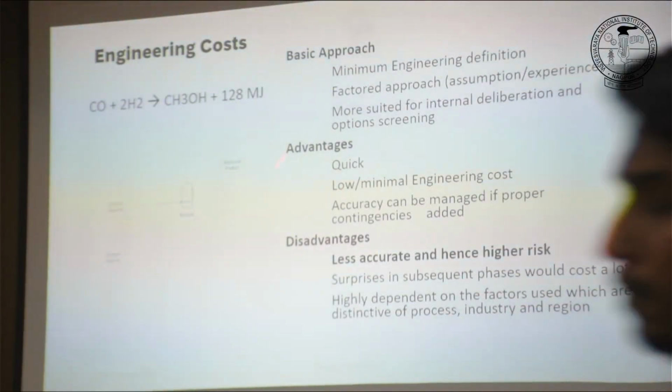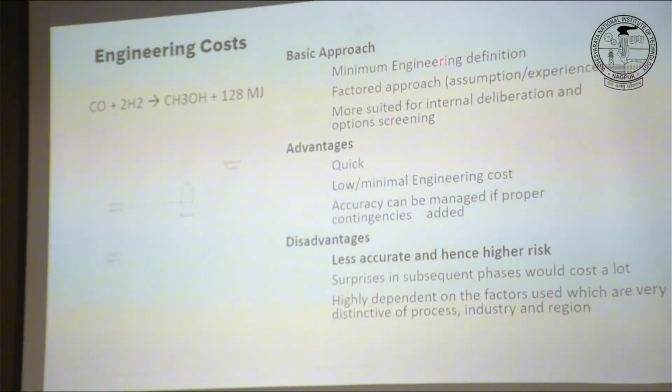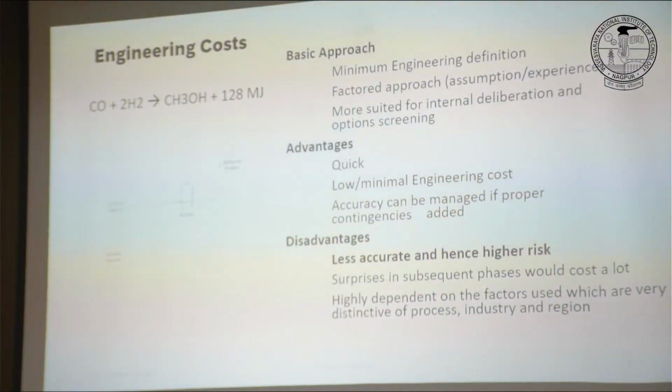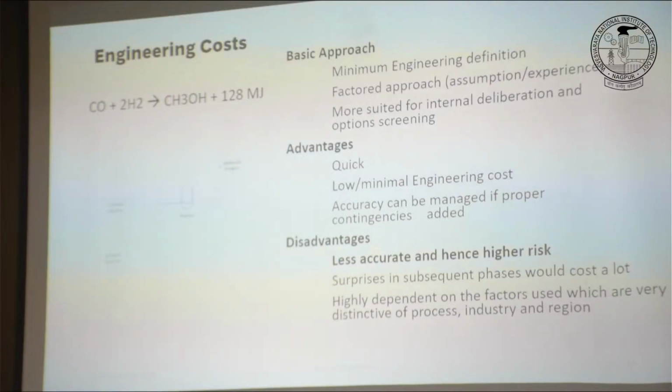So we saw in the starting this factored approach. So that's the very basic approach. And we said that your definition is minimum. You just have one reactor, two reactants coming in, and one product coming out. You do not know how you are going to pump this CO and hydrogen into this reactor.